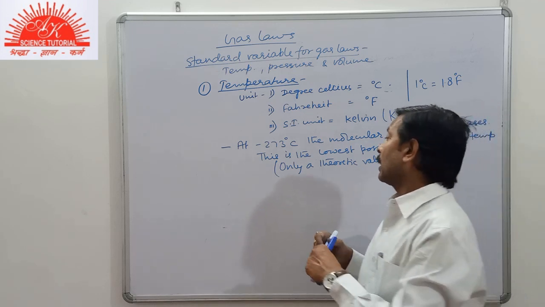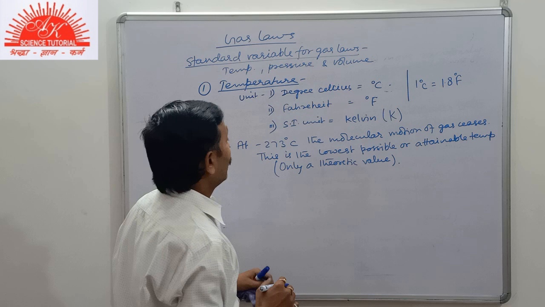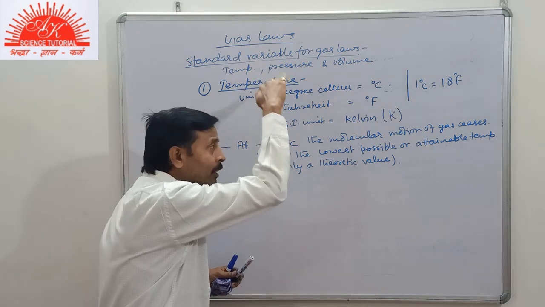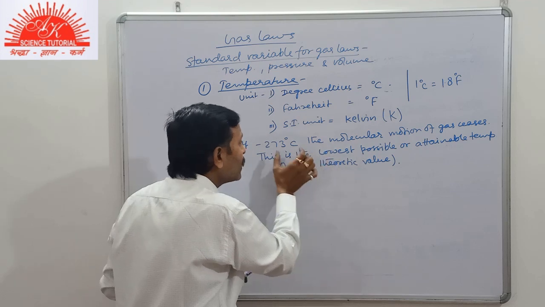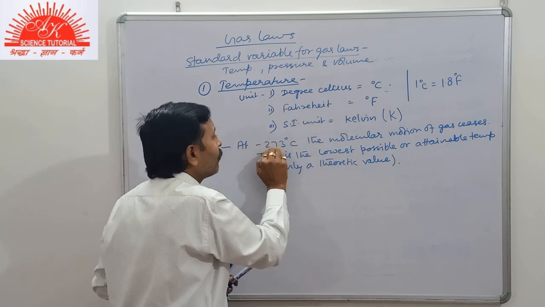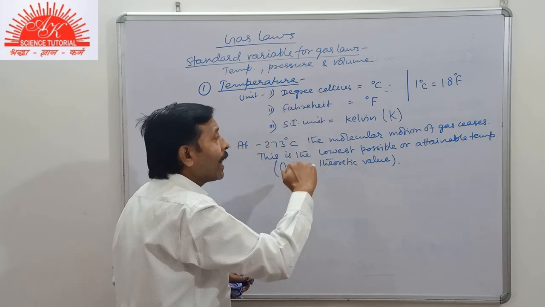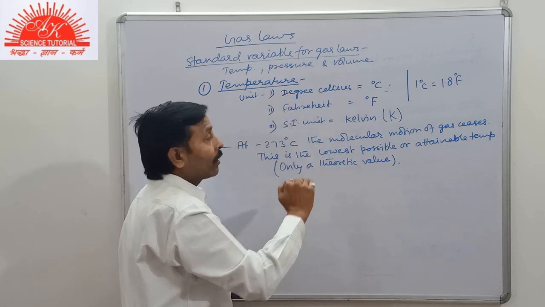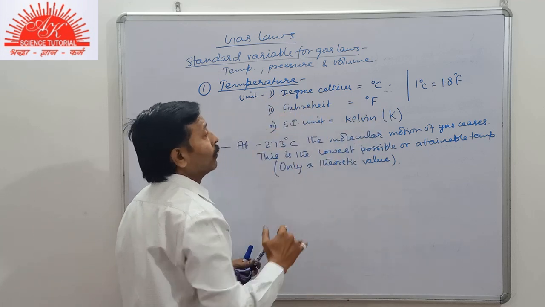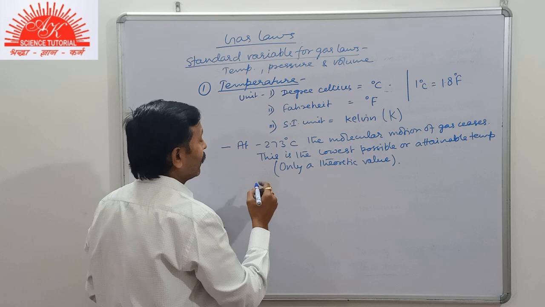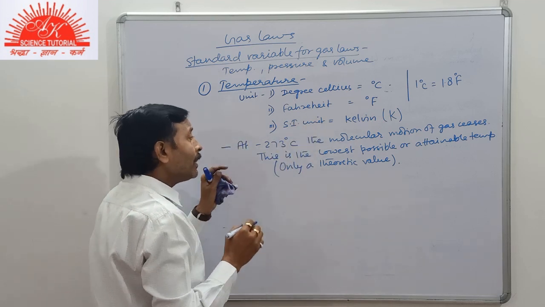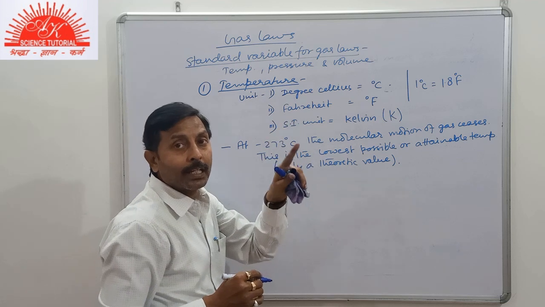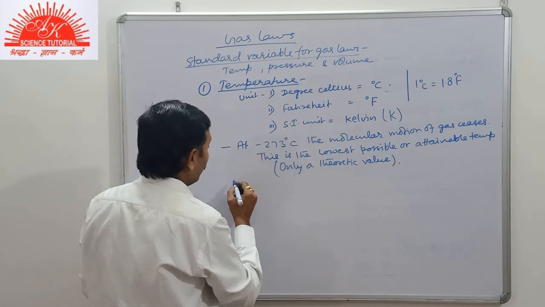Since at this lowest temperature the volume becomes zero, it is regarded as the zero value for the Kelvin scale. So it is 0 Kelvin. Minus 273 degrees Celsius is taken as 0 Kelvin.